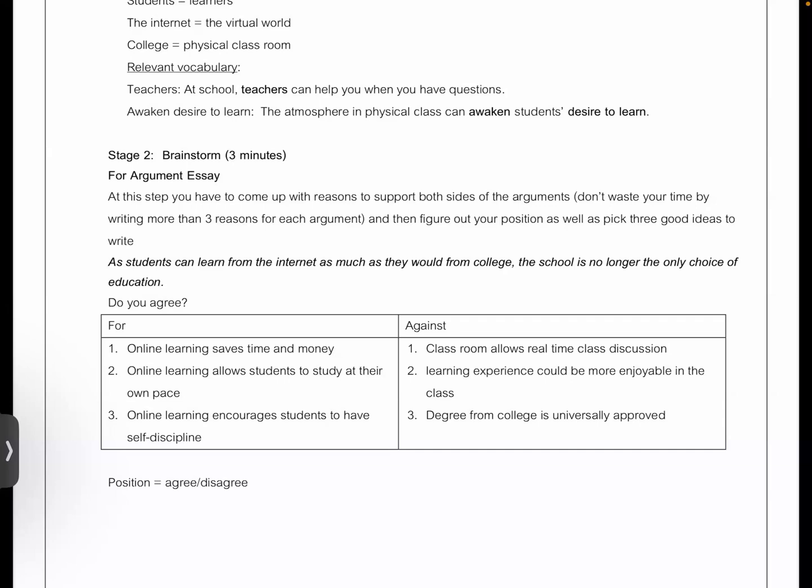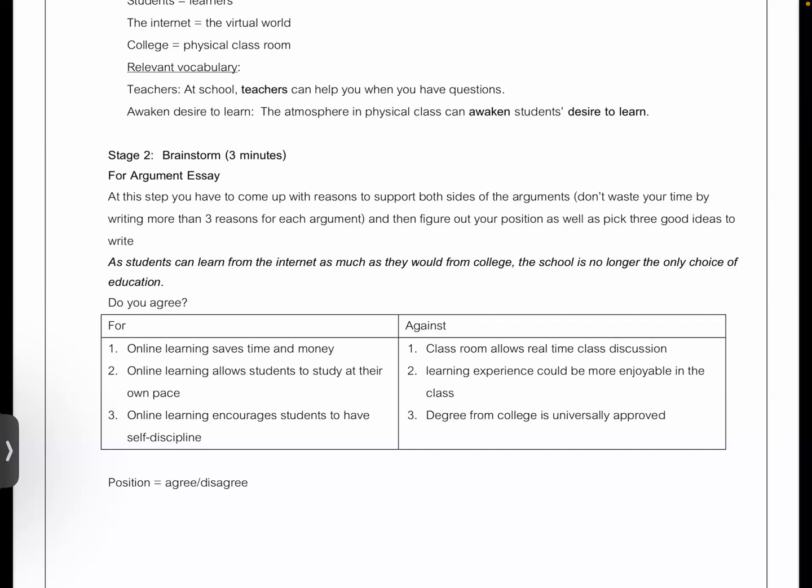For example, if you scan through all the positive aspects of online education, and you realize that every idea, although they sound good, cannot be explained any further. You cannot extend each of these 3 ideas. So that means you should not take the position where these ideas have to be explained, right?